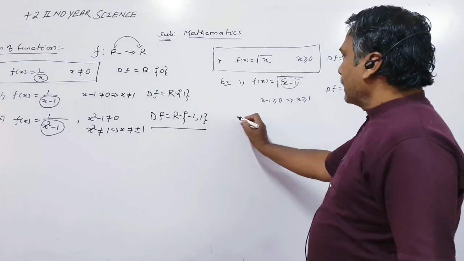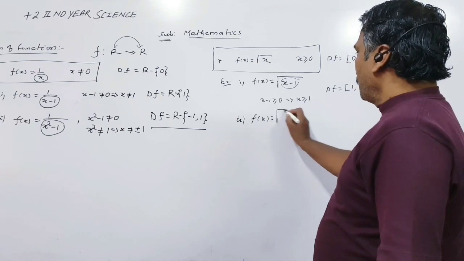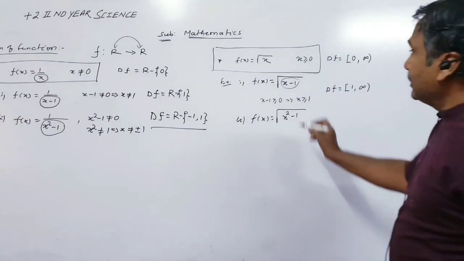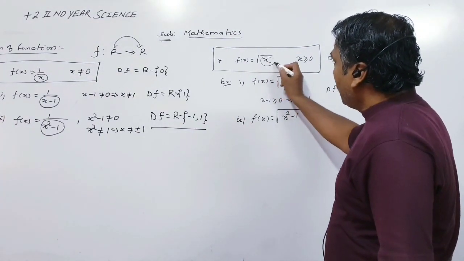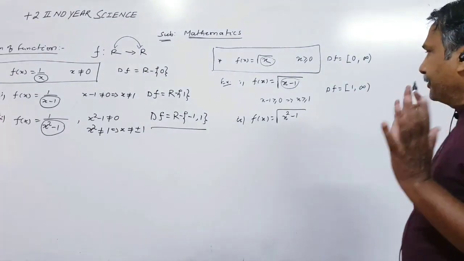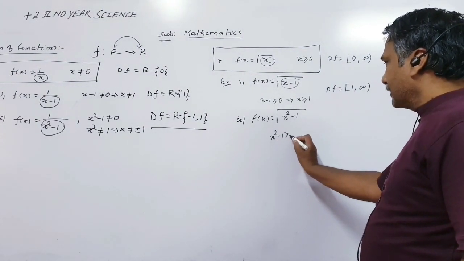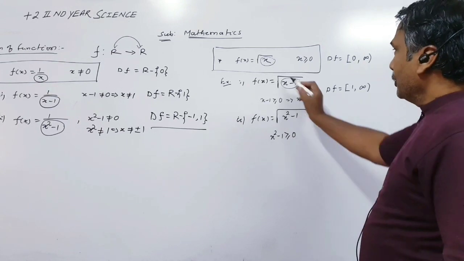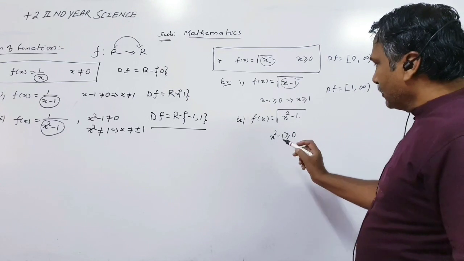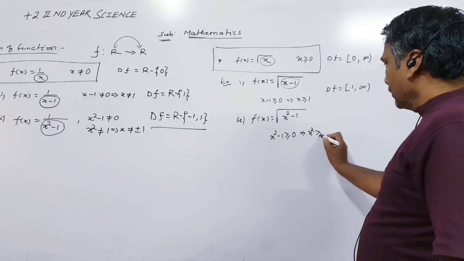Now another example: suppose f of x equals root over x square minus 1. The logic is that whatever is under the root must be non-negative. Mind it. Here x square minus 1 is greater than or equal to 0, so x square is greater than or equal to 1.